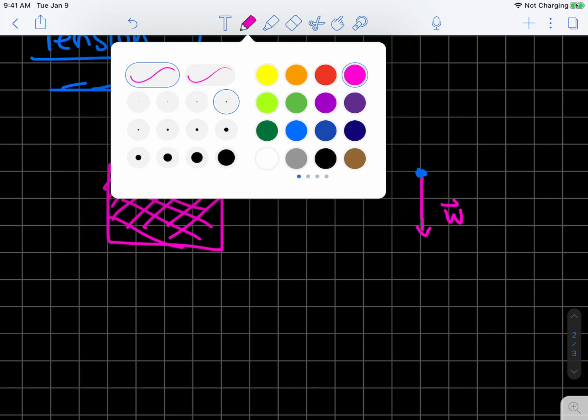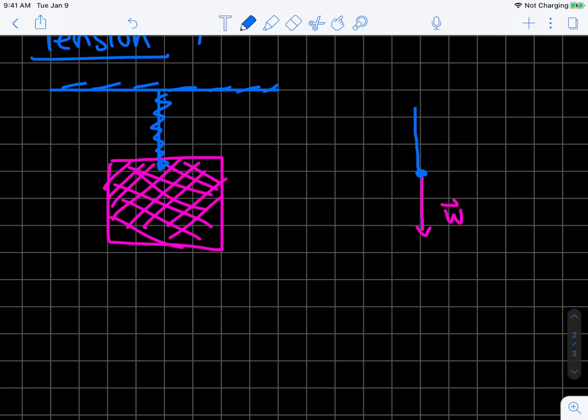What is counteracting that weight force, keeping the speaker from falling, is your tension force. And we just got done looking at the video of if my object's not moving, my net force is 0. So in this case, because my object is not moving, I know that the magnitude of tension is equal to the magnitude of weight.